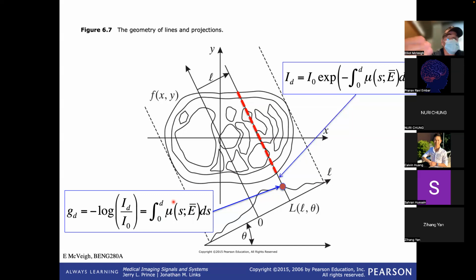But in fact, it's just a number, which is probably close to the mu of the average energy, but not exactly, right? But we are going to get estimates of this number, right? That's what our picture is going to be.